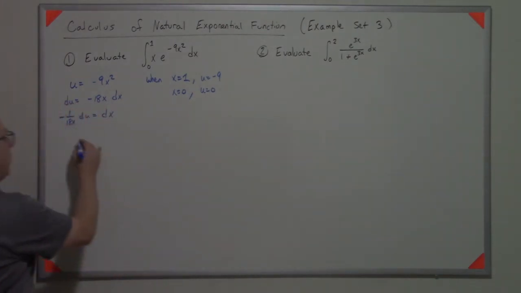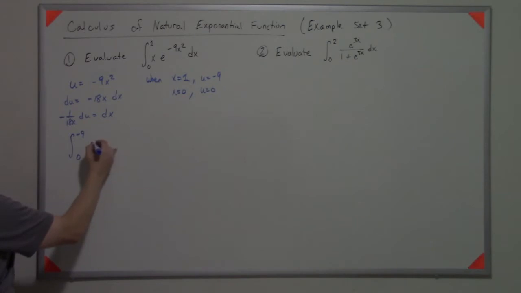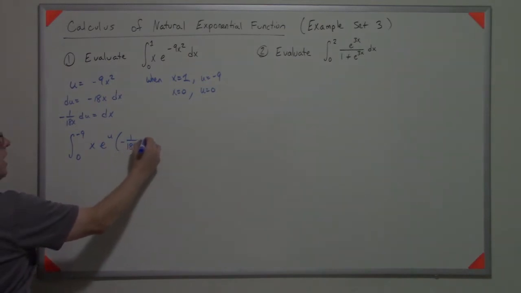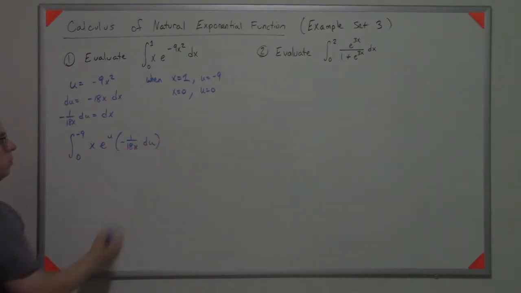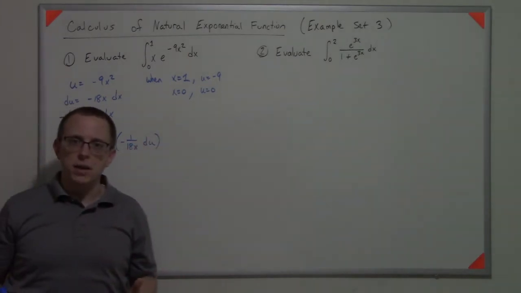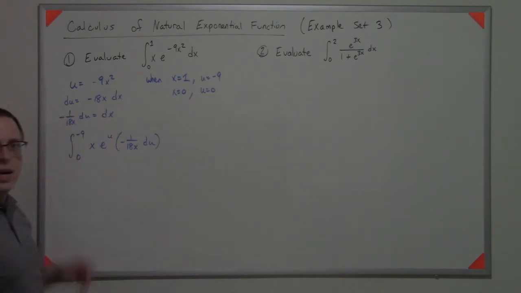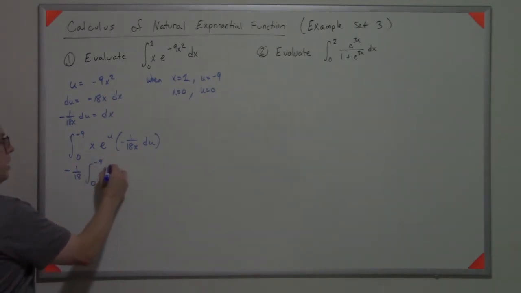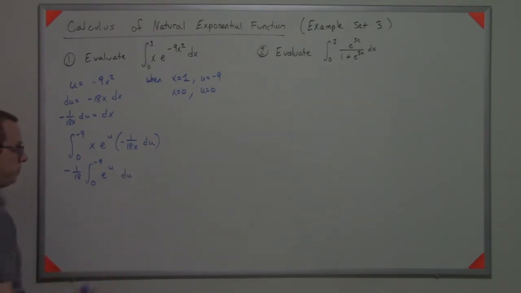So I have the integral from 0 to negative 9 of x e to the u times negative 1 over 18x du. Those x's are going to cancel here, and we can pull that negative 1/18 out front. So negative 1/18 times the integral from 0 to negative 9 of e to the u du.